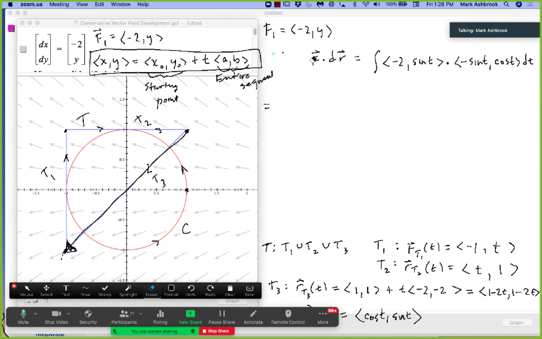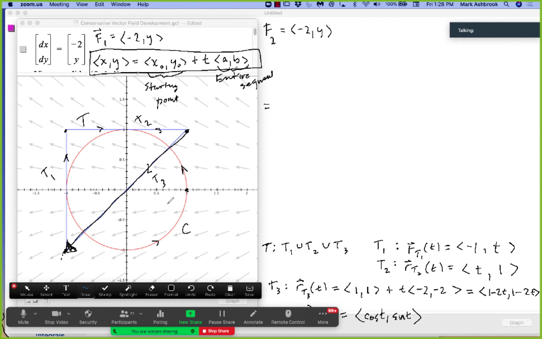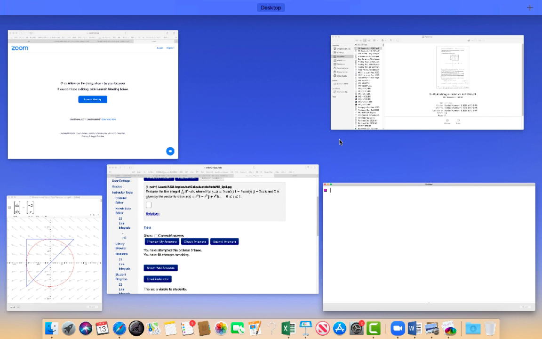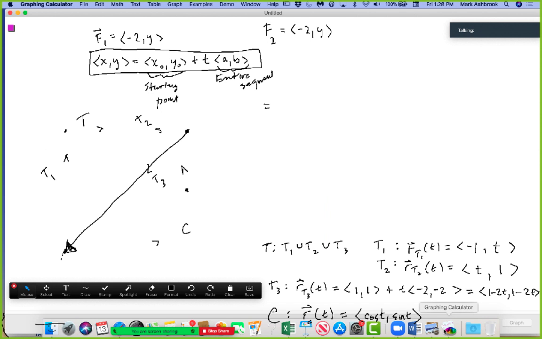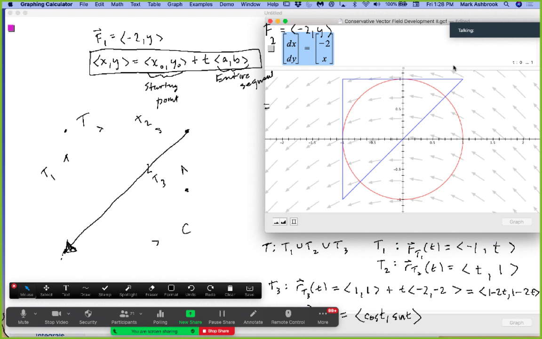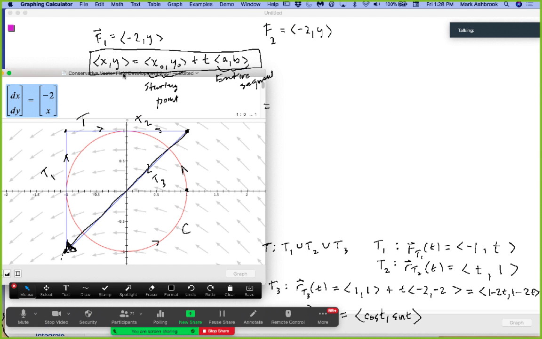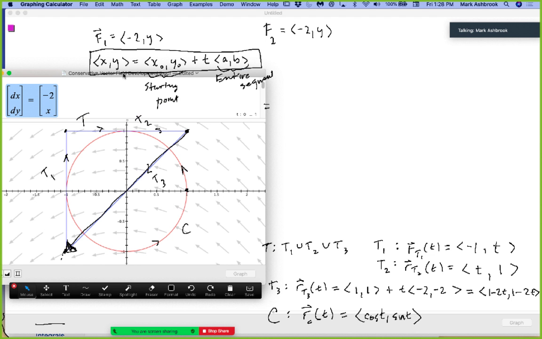So now we're going to do F2. Let's get that going here. Okay, so now F2 is negative 2 comma x.